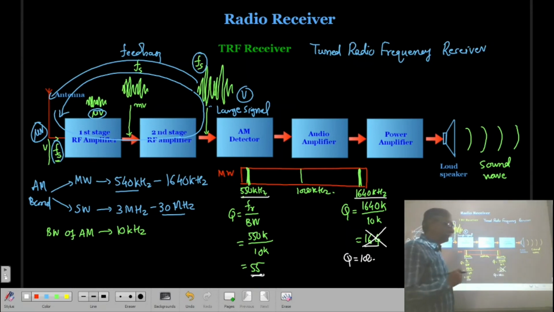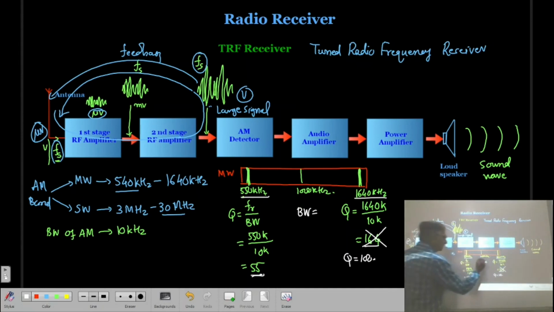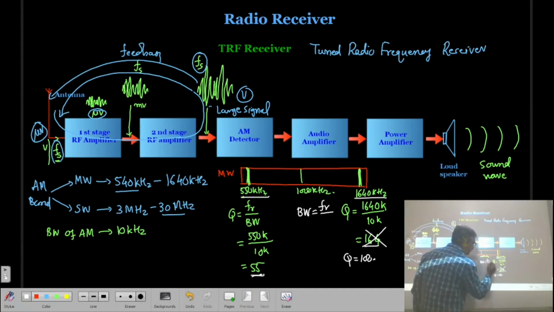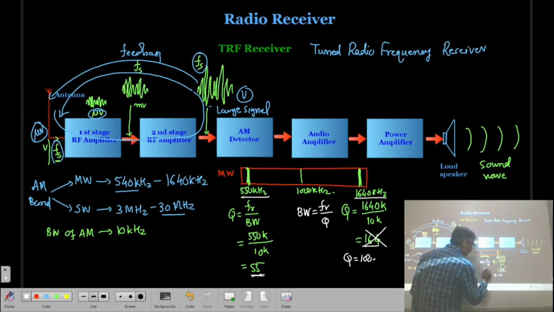So now what will happen? If this value is 100, then if I calculate the bandwidth, the bandwidth will be equal to FR divided by Q. So this is 1640 divided by 100. So the bandwidth will be equal to 16.4 kilohertz.